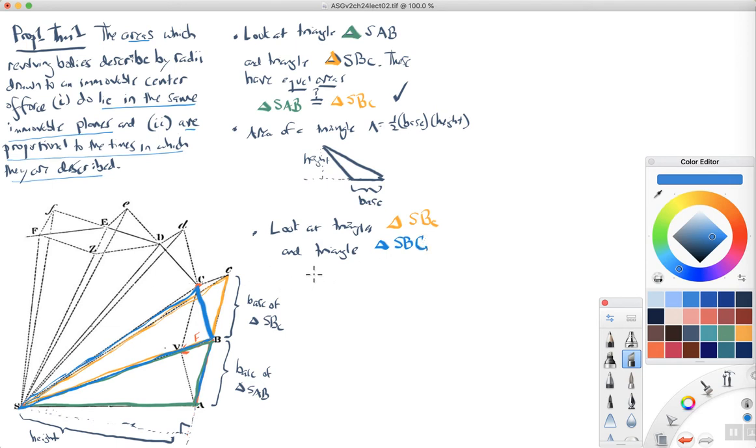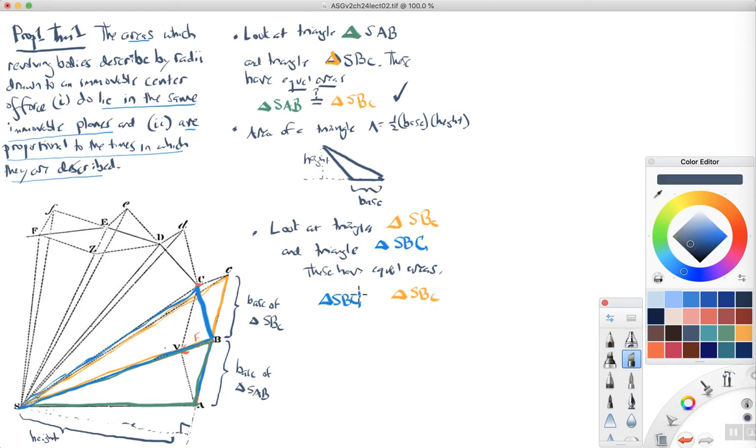And the claim is that these have equal areas as well. In other words, triangle SB big C is equal to triangle SB little c.